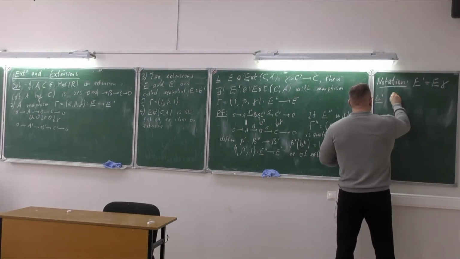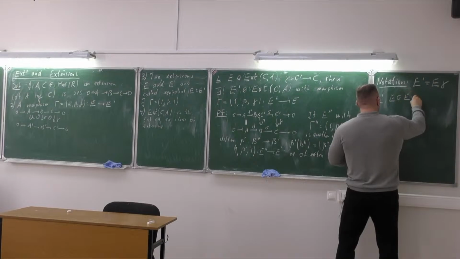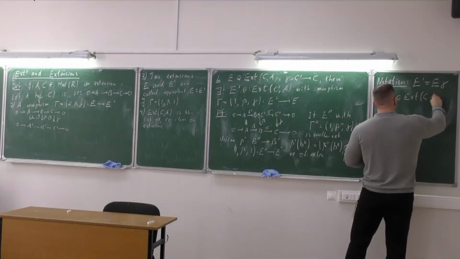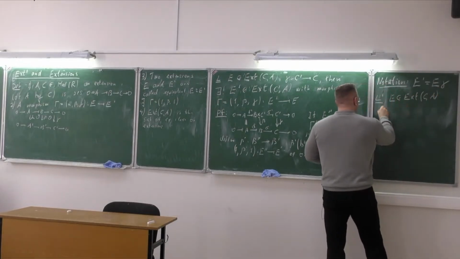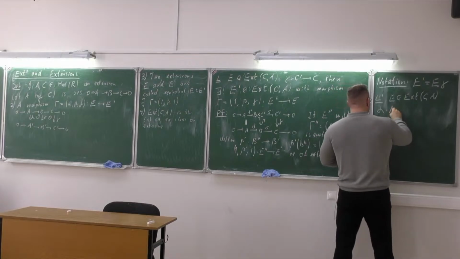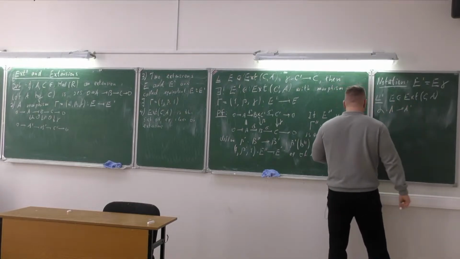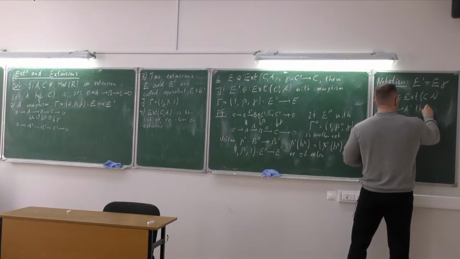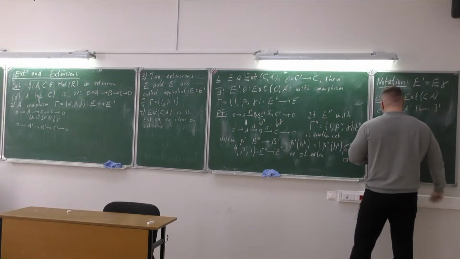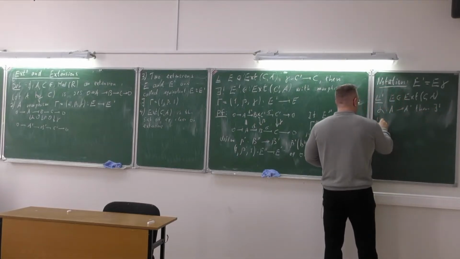So if we have an extension E between C and A, and there is a map alpha from the A to the A prime, then there is a unique new extension E prime.